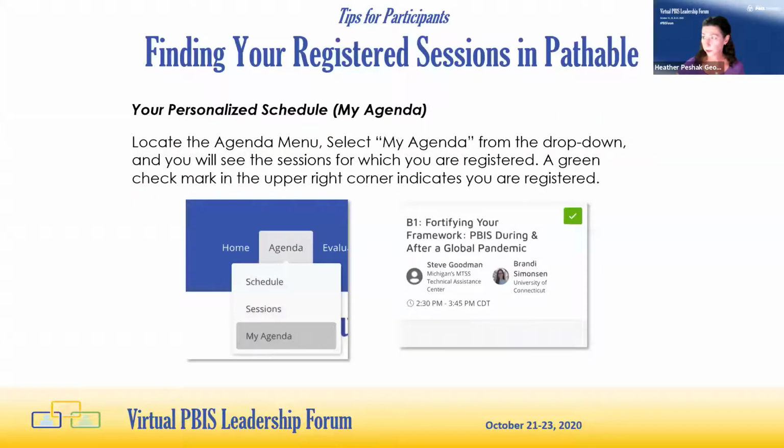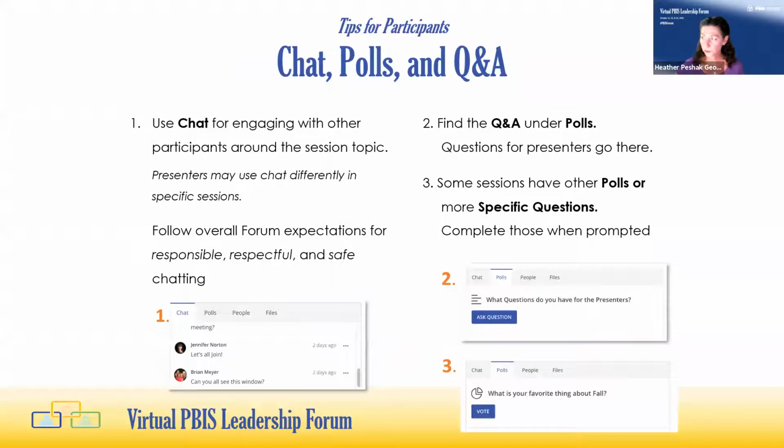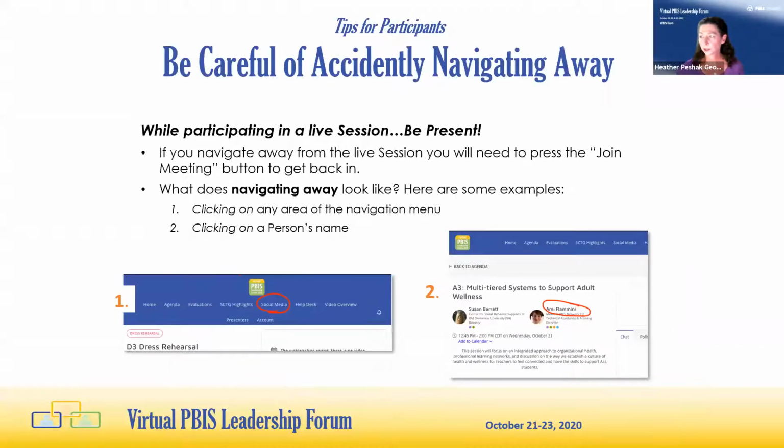inclusive and respectful language. And again, your agenda, obviously you're here. You've used your agenda to get here, and how to navigate the different sessions, how to navigate the chat and polls, questions and answers. All of that information has been uploaded into the handouts, so you can always refer to it. I'm not going to spend a whole lot of time on it.